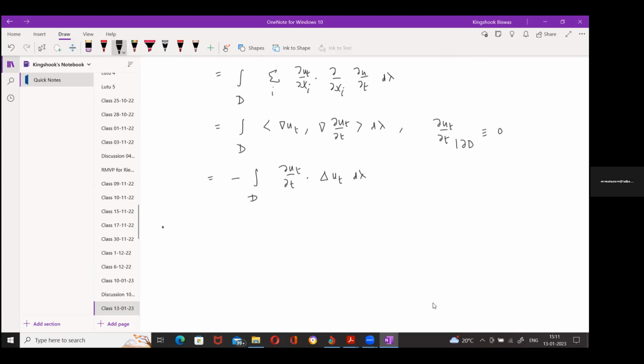you can view harmonic functions in the following way.